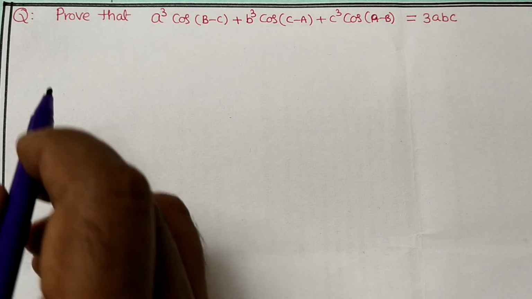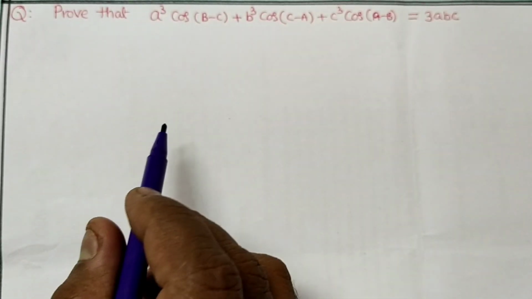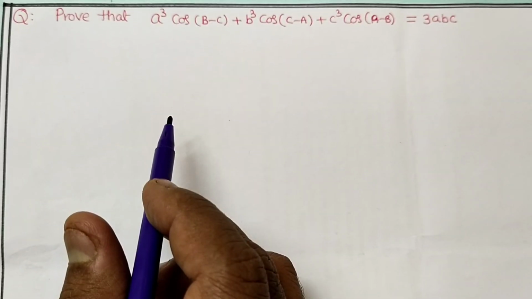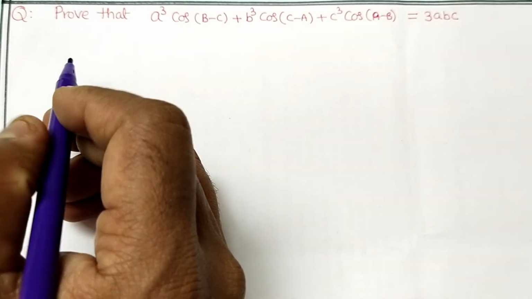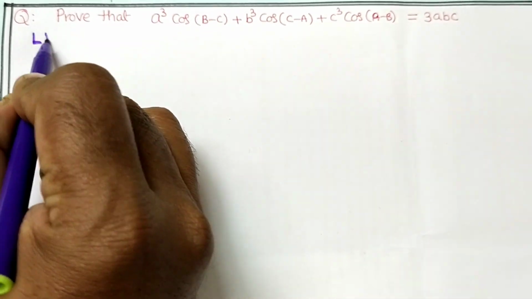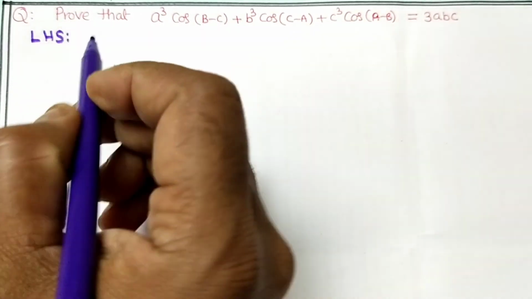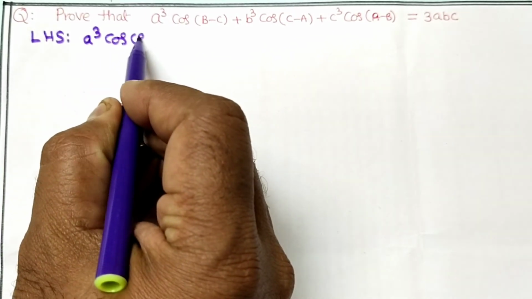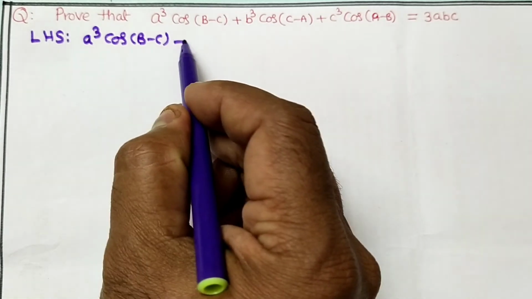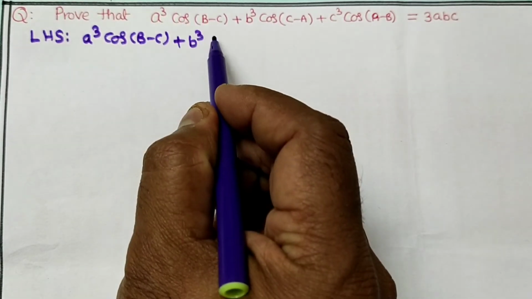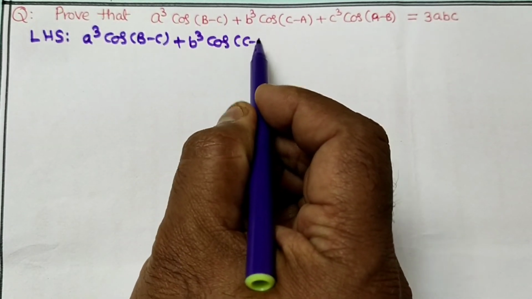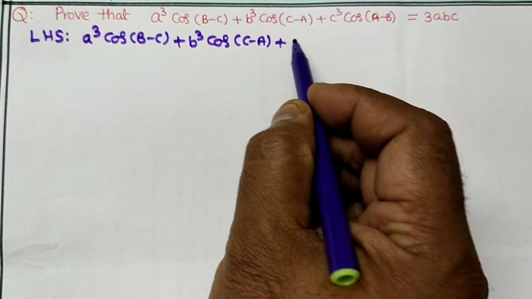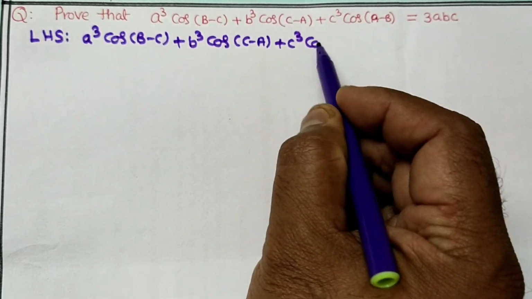So now consider LHS. a cube into cos of b minus c plus b cube into cos of c minus a plus c cube into cos of a minus b.